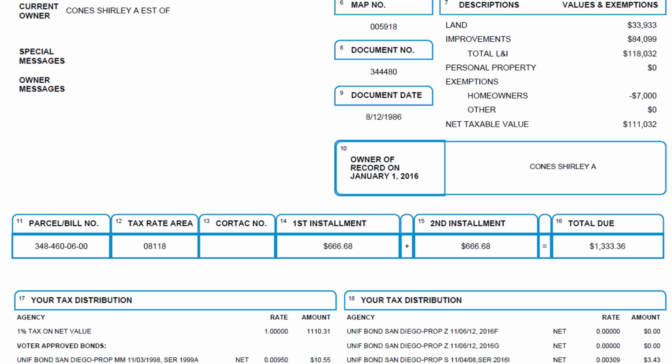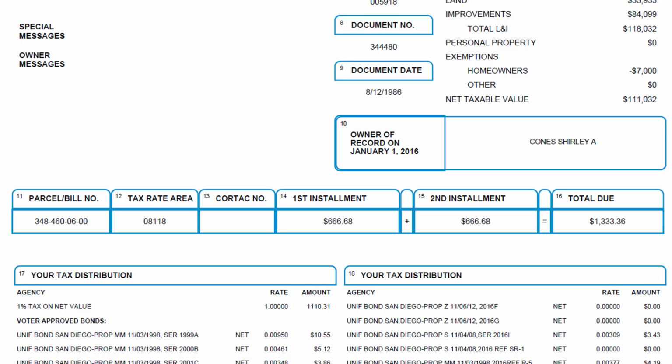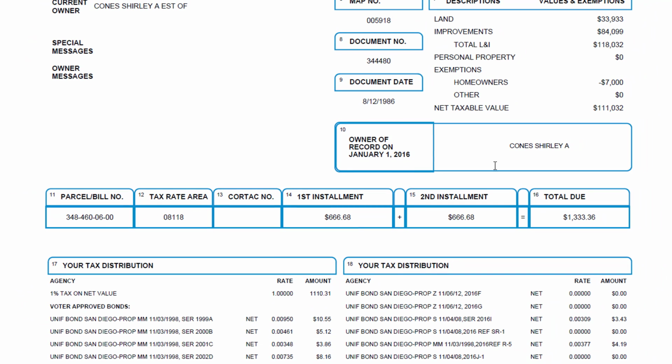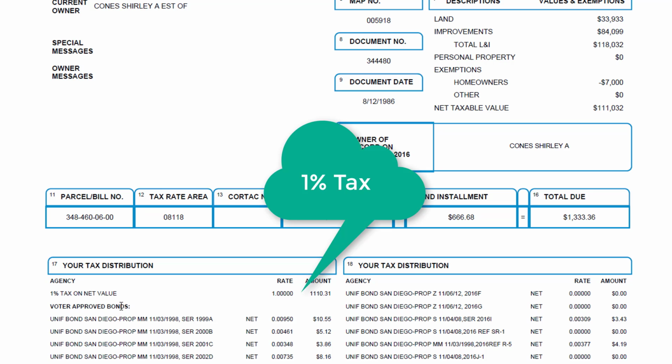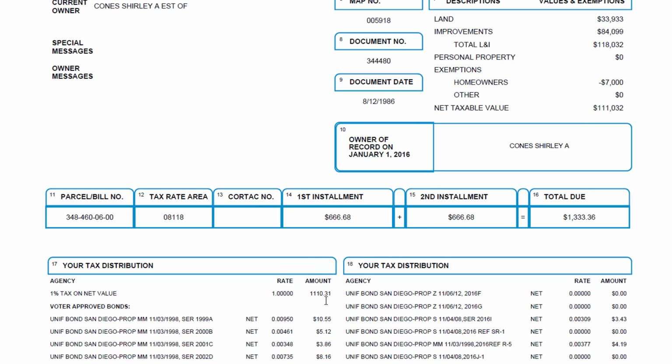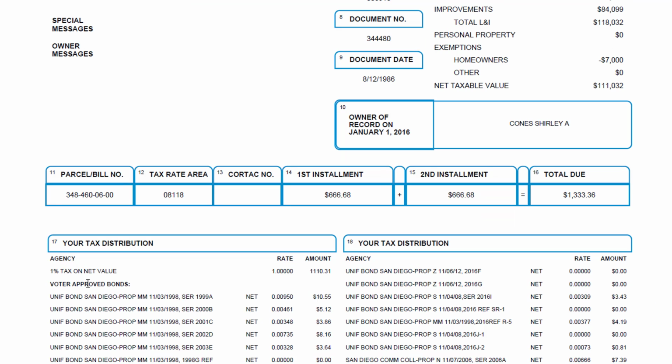So your taxes are broken up into 3 categories. The first 2 are based on this net taxable value. The first is all of us pay 1% on that amount. So 1% of this net taxable value gets to the annual amount that's due. That's section 1. Section 2 are voter approved bonds.